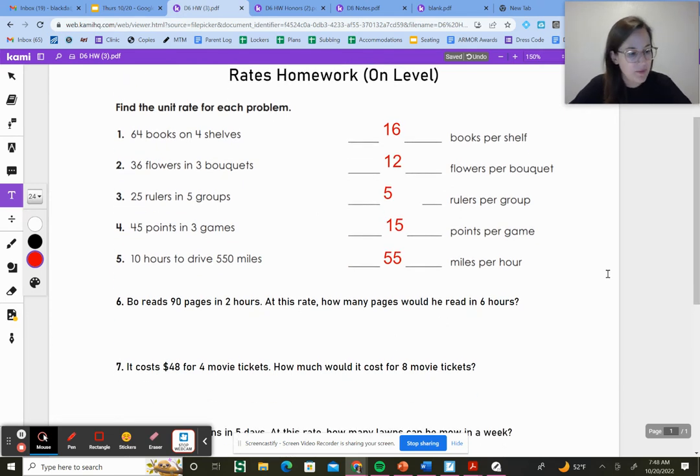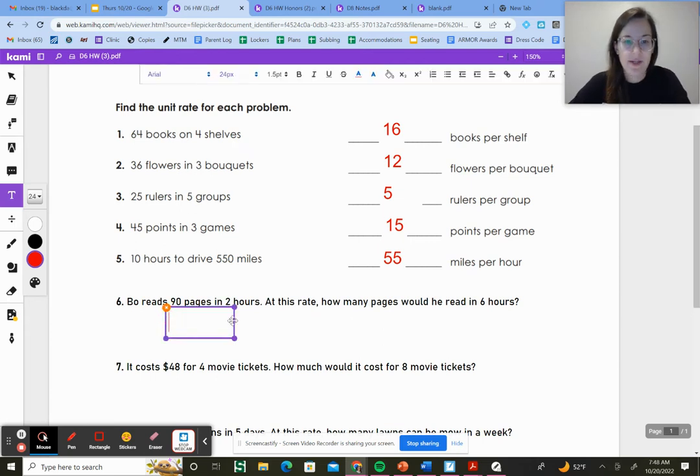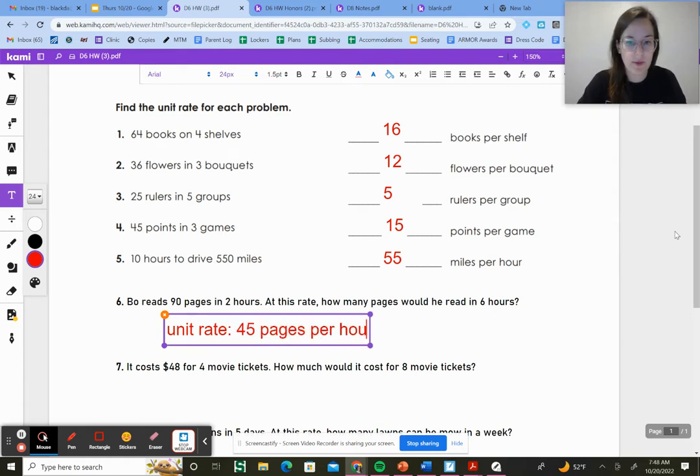All right, Bo reads 90 pages in 2 hours. At this rate, how many pages would he read in 6 hours? So what I would do is I would find the unit rate first. So the unit rate, if it's 90 pages in 2 hours, that would be 45 pages per hour.